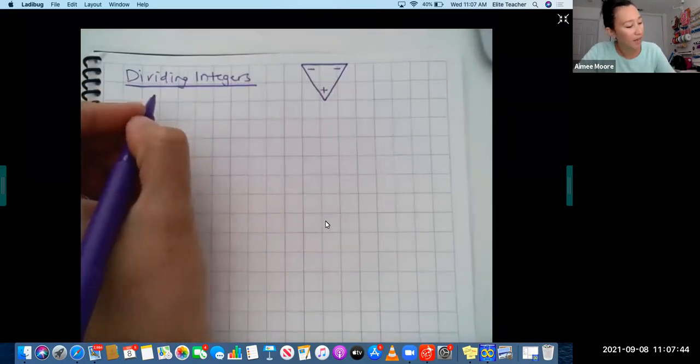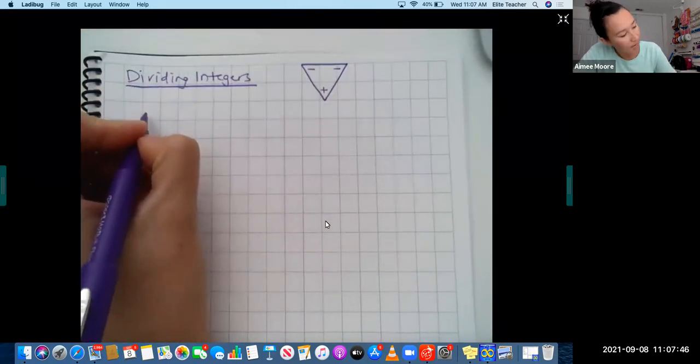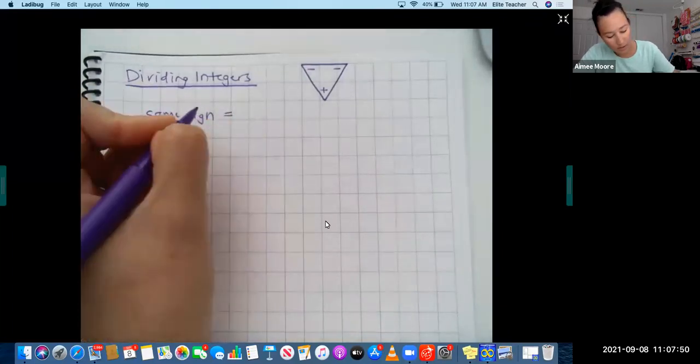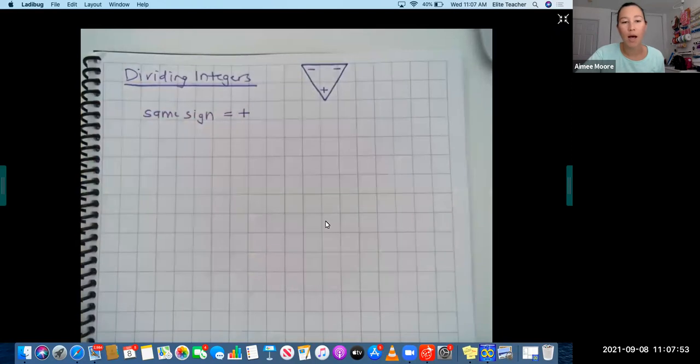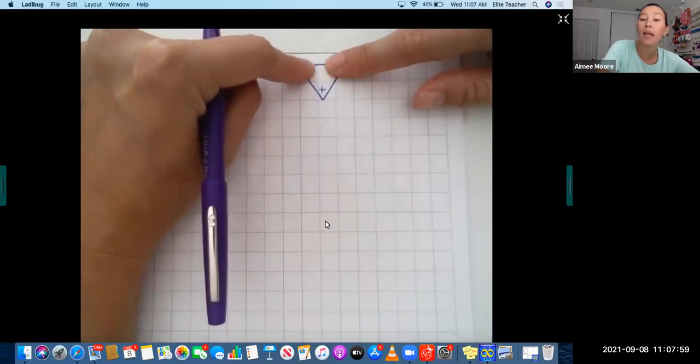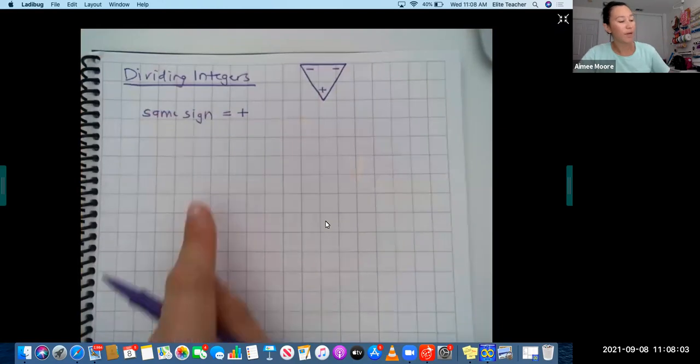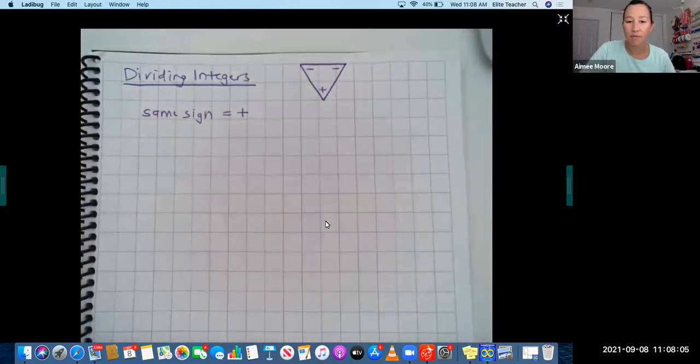So when we're dividing integers, if we have the same sign, our answer is going to be positive. So if we're dividing a negative divided by a negative, we end up with a positive. If we have a positive divided by a positive, we already know that's a positive.